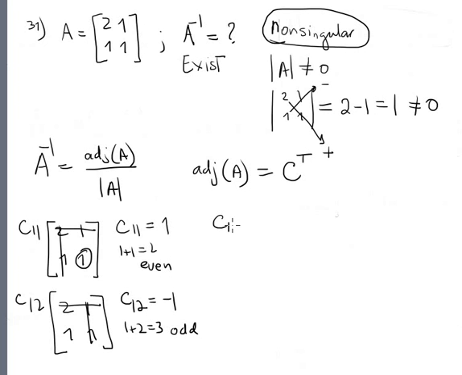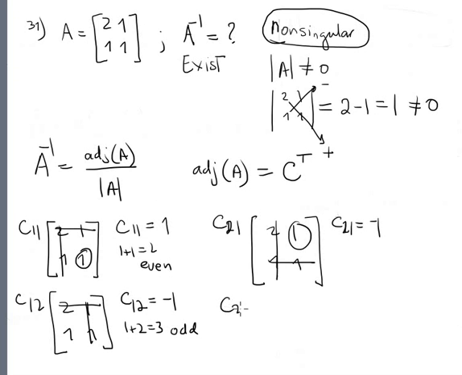Okay, the cofactor 2, 1. Let me copy the original matrix. The entry 2, 1 is here. It's 1 again, but negative 1. So the cofactor 2, 1 is negative 1.